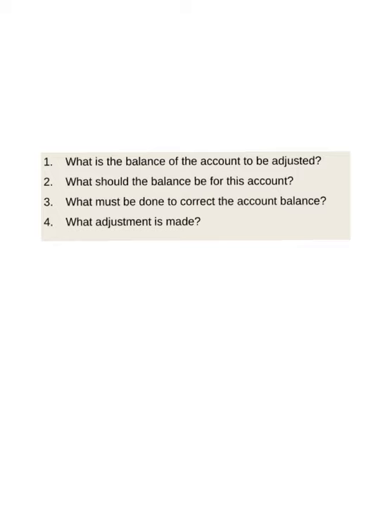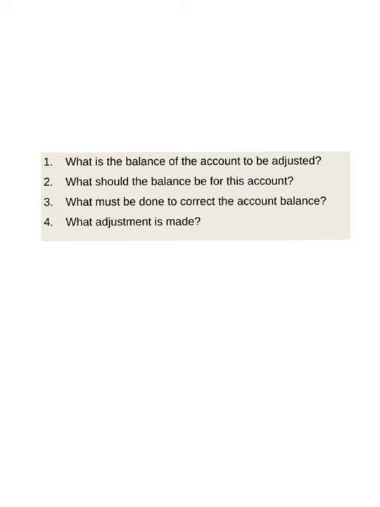When we make the adjustments, your reading indicated 4 questions, basically. What is the current balance of the account to be adjusted, be it supplies or prepaid insurance? Next, what should the balance be?